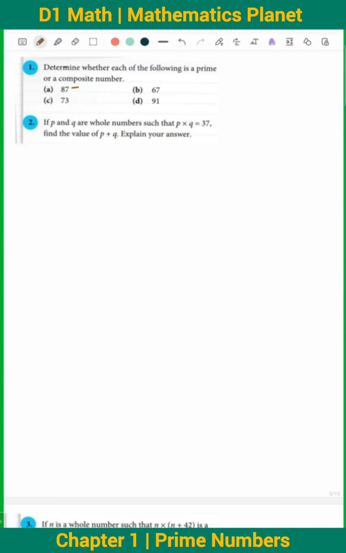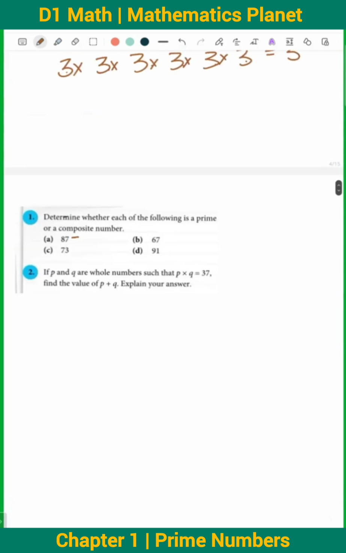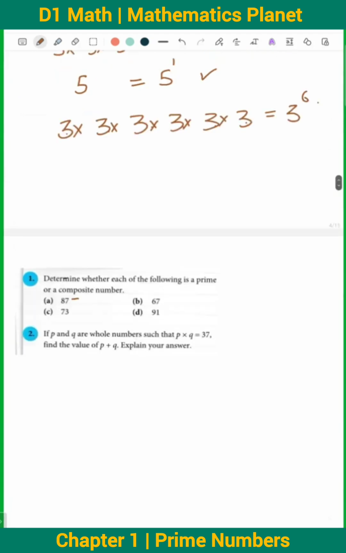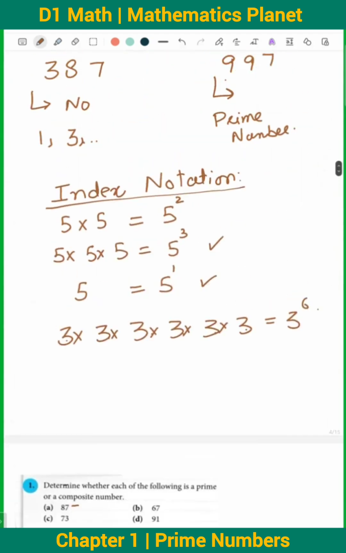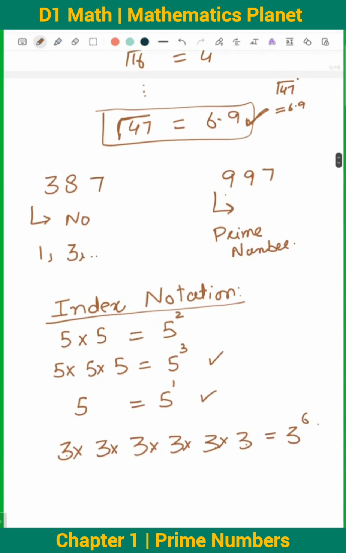Miss, when you were telling about the square root, if the number can be divided by more than one, then why did you write only one number? Where? Yes. Here. See, I need to find out if 387 is a prime number or a composite number.